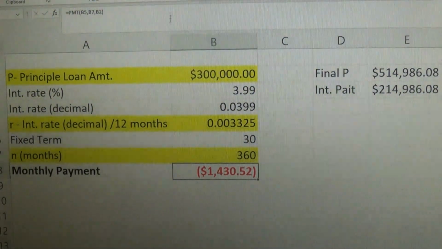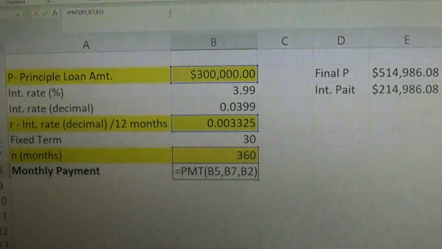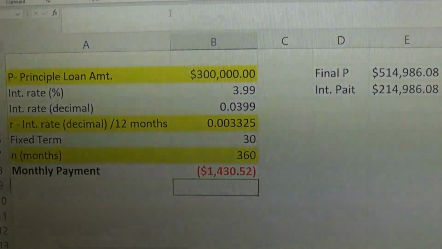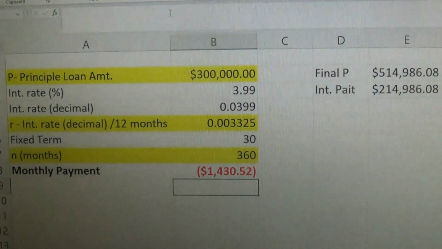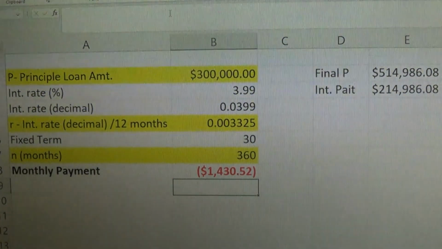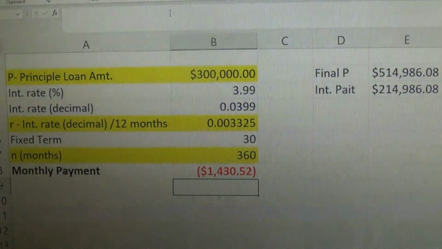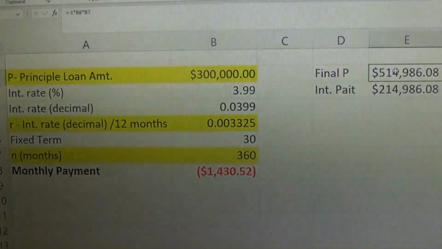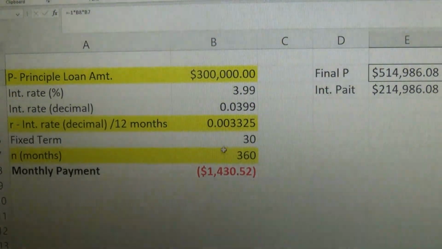So if you see there, those are the three values that we put in. So our monthly payment is going to be $1,430.52.